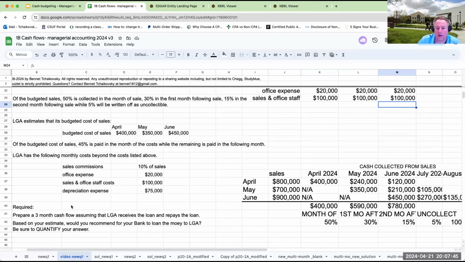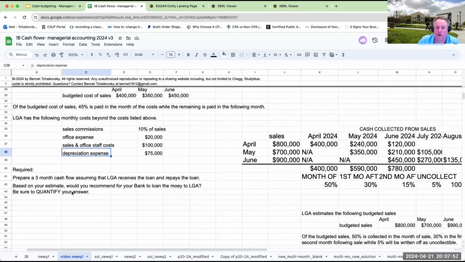Now, when I come down over here to depreciation expense, this is very important for you to know. When I record depreciation expense, how do I do it?